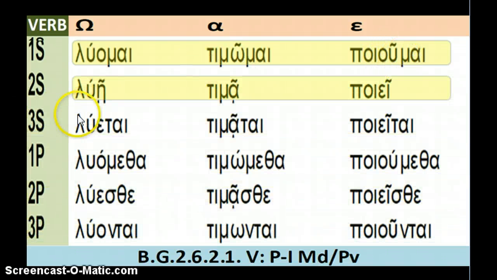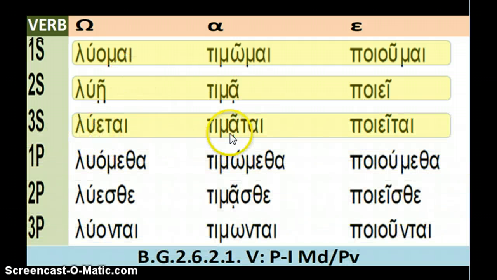Second singular, you: loue, timo, poiou. Of course, you have the etai, atai, etai.